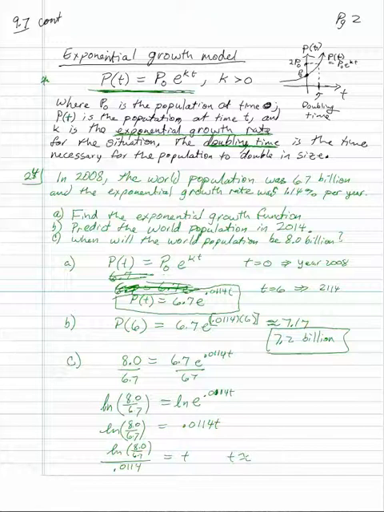So let's punch that in my calculator. Again, make sure you know your calculator. So ln parenthesis 8 divided by 6.7 equals, I got 0.177, then divided by 0.0114 equals 15.5.